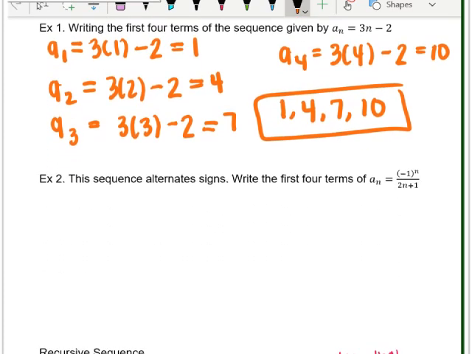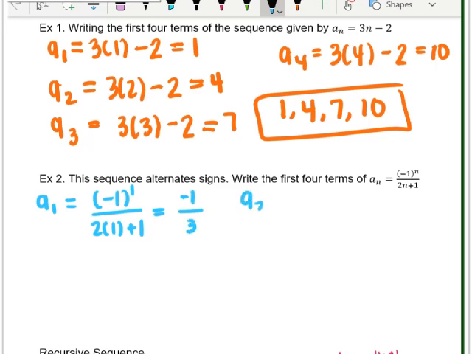Okay. Then this next one says this sequence alternates signs. Write the first 4 terms of the sequence. So I'm going to go ahead and start off with plugging in 1. That's still the first term. So then this is going to be -1 to the first power, which is -1. And then on the bottom we have 3.